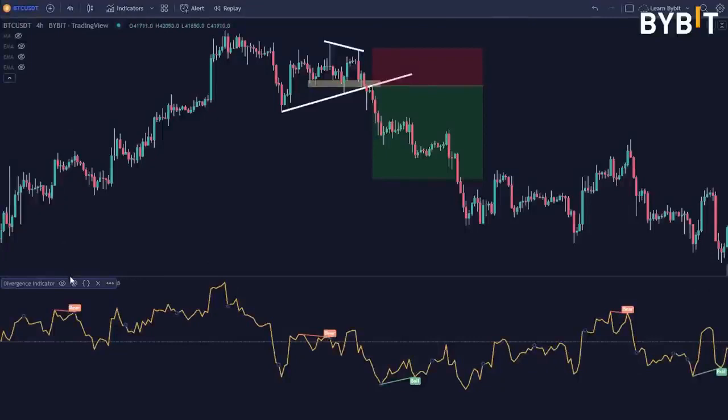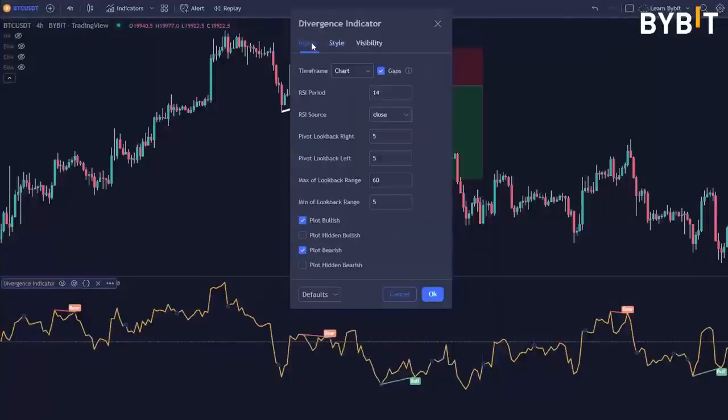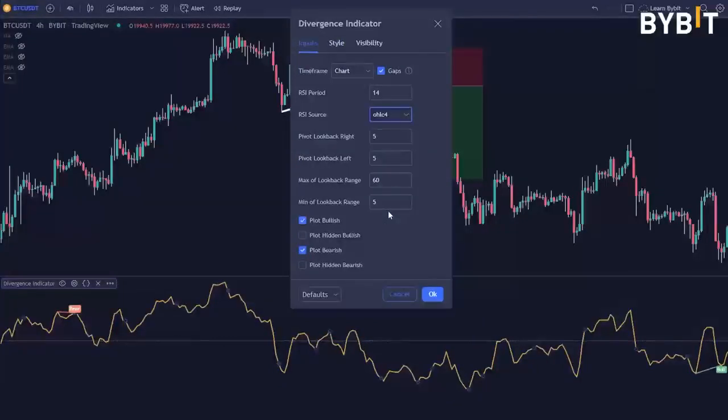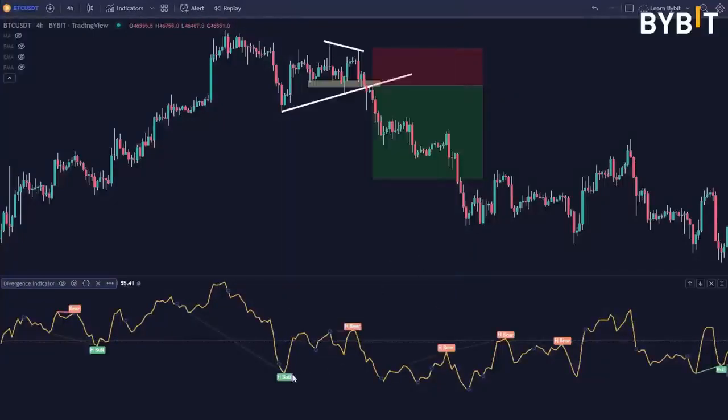It will also throw out, so for the inputs, 14, let's change this to OHLC4. Okay, and then we also want to check the box: plot bullish, plot hidden bullish, plot bearish, plot hidden bearish. Okay, and so here's hidden bullish divergence, here's hidden bearish divergence, and so it will plot every instance of this showing up on the chart.